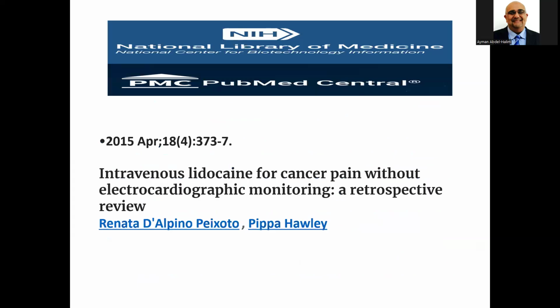Another one, intravenous lidocaine for cancer pain without EKG monitoring. Retrospective. Again, I would argue about this. And as I told you, I monitor patients while I'm giving them lidocaine, and I give it for short term, maximum 2 hours, and a limited amount of lidocaine, which is around 200 milligrams maximum per session.